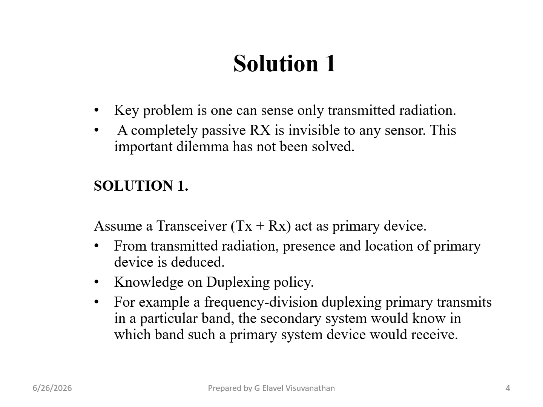For example, in frequency division duplexing, the primary transmits in a particular band. A secondary system could know in which band such a primary device could receive. In the current scenario, even though you have primary and secondary, when the primary is transmitting at a particular time, the secondary system could know about the primary device that would receive. That is knowledge of the duplexing policy.